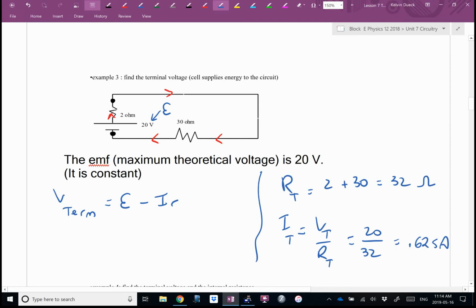So if I want the terminal voltage, what we're actually measuring, what a voltmeter would actually measure if we put it right here, it's going to be 20 minus 0.625 times 2. Which is what?